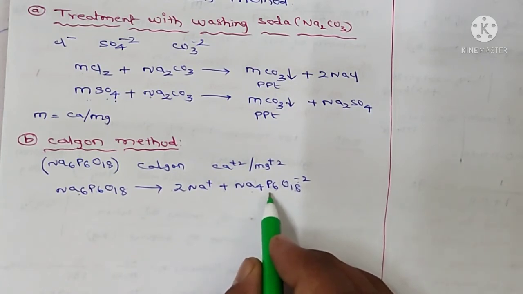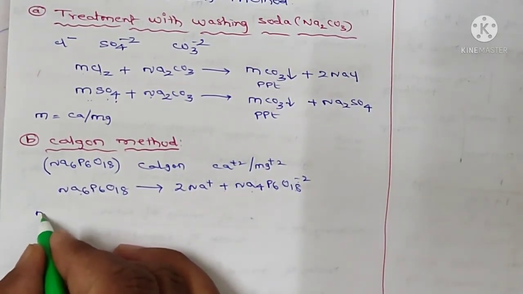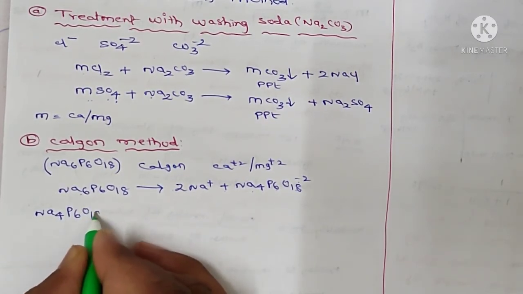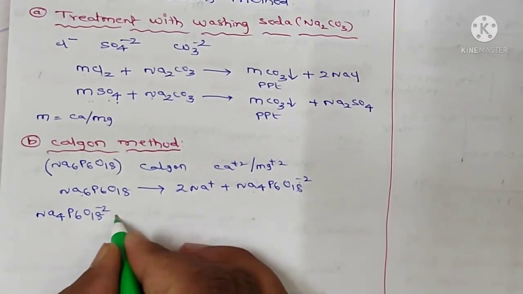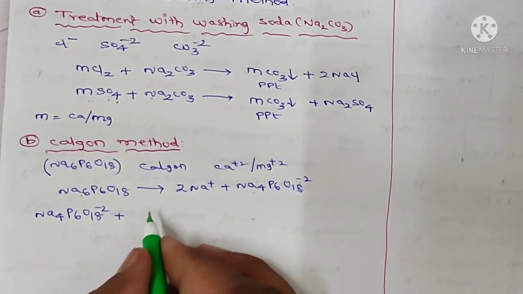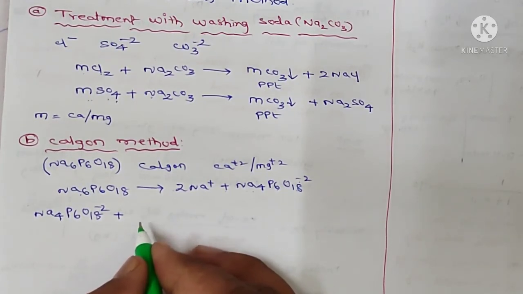Now this complex ion will react with hard water. So that Na4P6O18 minus 2 reacts with hard water. So in that hard water we have calcium plus 2 ions or magnesium plus 2 ions.